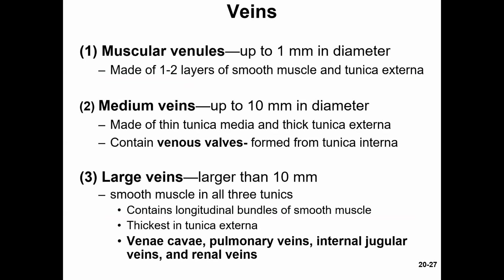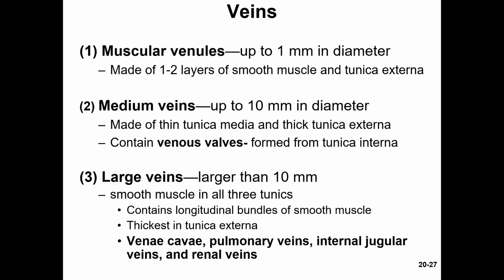Muscular venules, which are up to 1 millimeter in diameter, are made of 1 to 2 layers of smooth muscle and tunica externa. Medium veins, which are up to 10 millimeters in diameter, are made of thin tunica media and thick tunica externa. They contain venous valves, and they're formed from tunica interna.